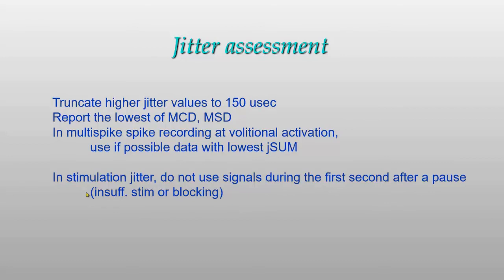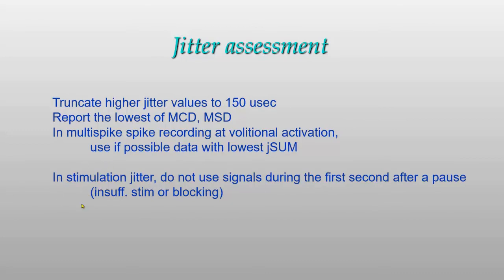When we assess the jitter quantitatively, we truncate high jitter values because we always have blocking of the signals when the jitter is, for example, higher than 150 microseconds, and this gives a biological disturbance to the jitter measurement. So values above that are all called 150 microseconds in summary tables and mean values.